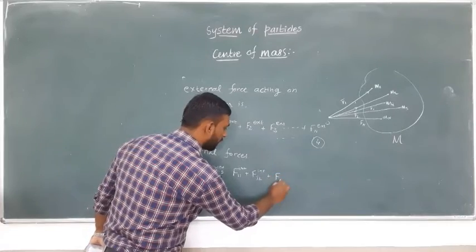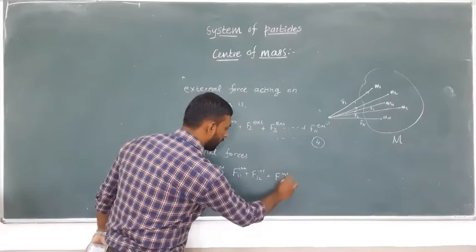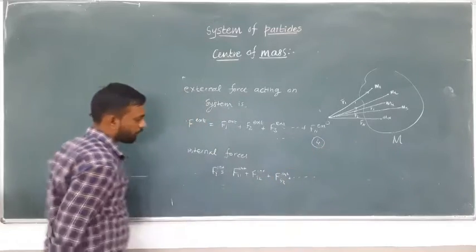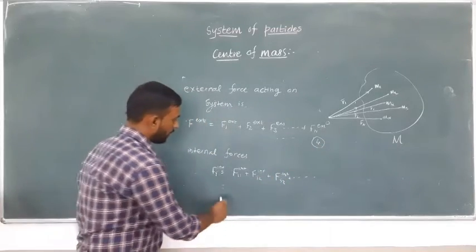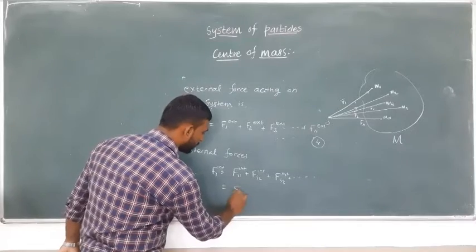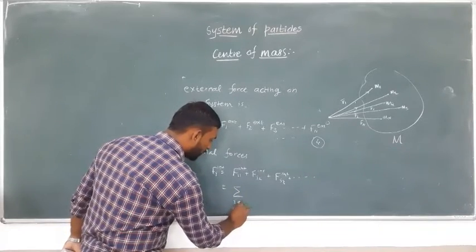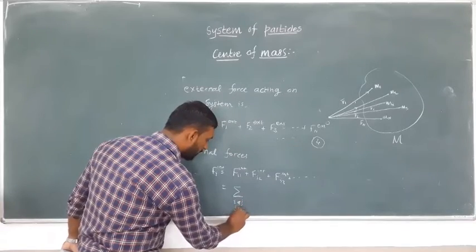Plus Fi3 plus so on, up to n particles. So again, how to sum up? i is not equal to j, and j runs from 1 to n.